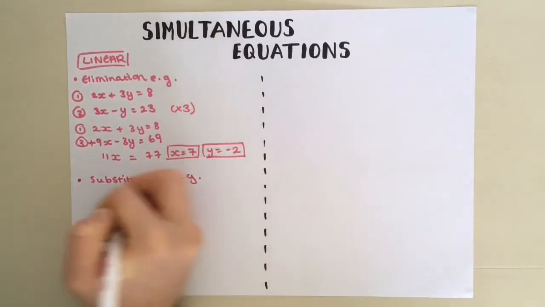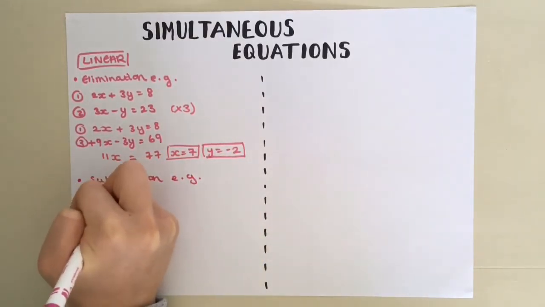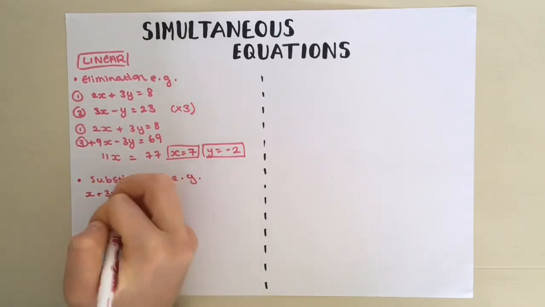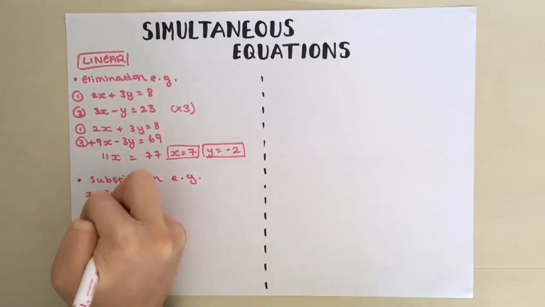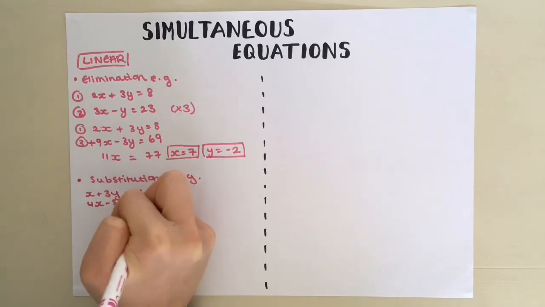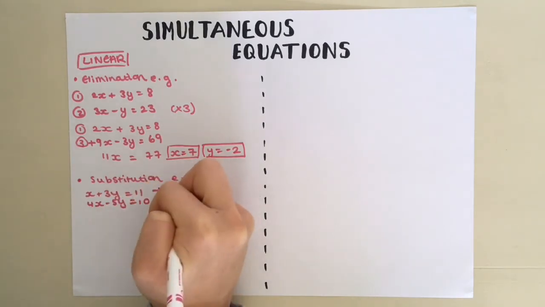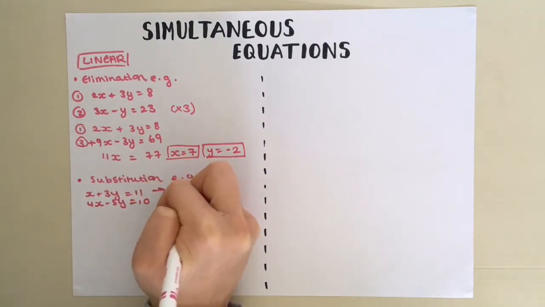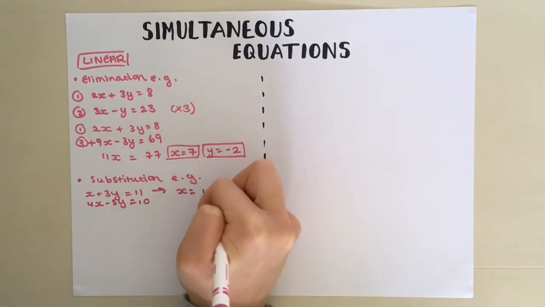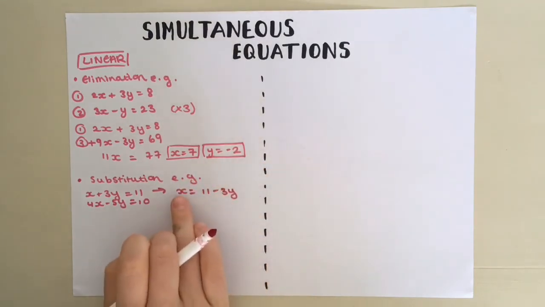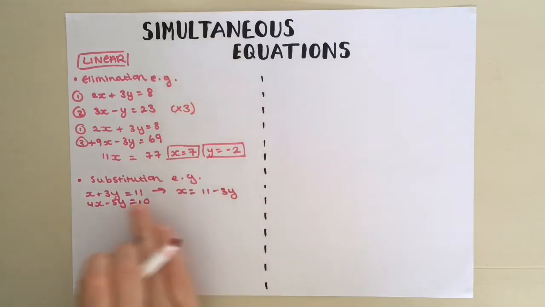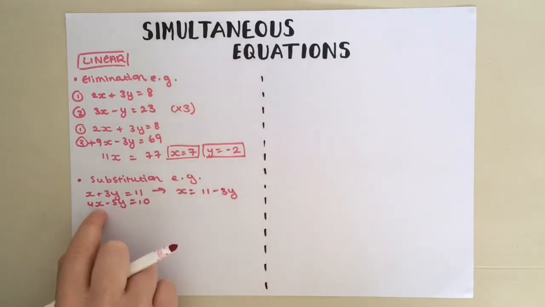For example, if we have x plus 3y equals 11 and 4x minus 5y equals 10, we can rearrange the top equation to get x on its own. And then since x equals 11 minus 3y, we substitute this into here for x.